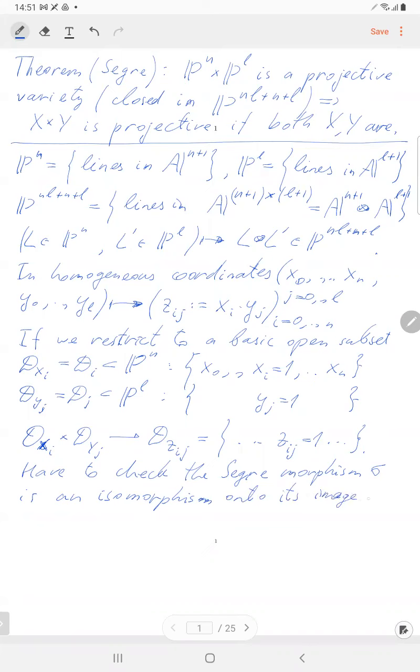So the image is cut out by homogeneous equations. And somehow, if you think of those coordinates as forming a matrix, an (n+1) times (l+1) matrix, then the image consists of matrices of rank 1, right? Because they are decomposable. So rank 1.